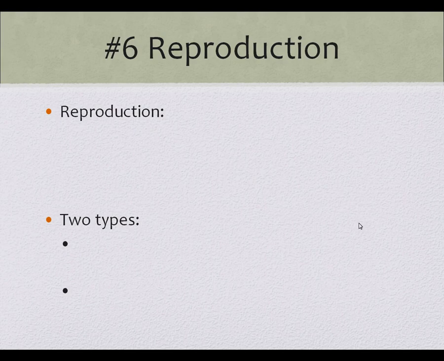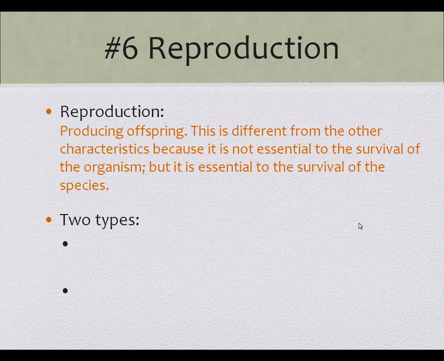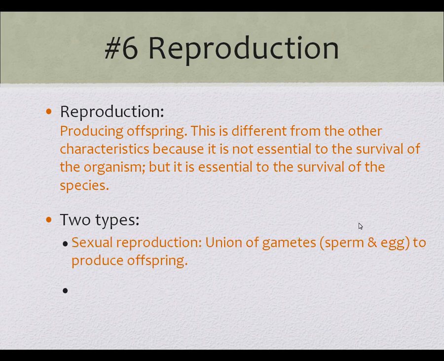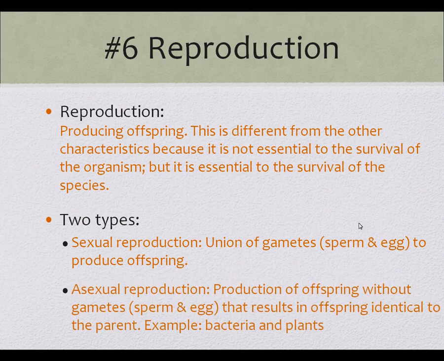And that leads us into reproduction. All living things reproduce. And there are two types of reproduction. Sexual reproduction, where you have a sperm and an egg and they produce an offspring with a unique set of genetic information. Or you have asexual reproduction, where there are no sperm and eggs involved and the offspring is identical to the parent.